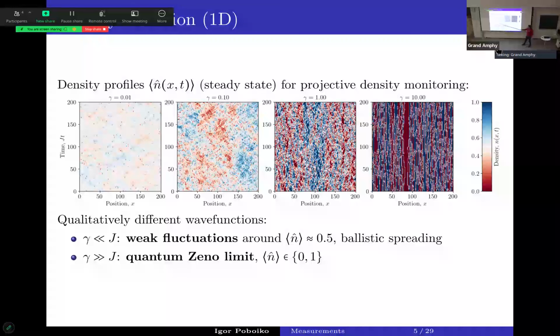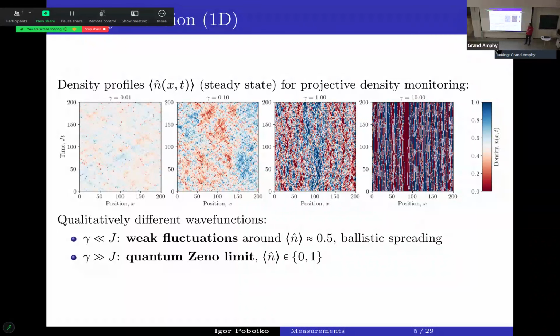Let's start from the rightmost or leftmost picture, this one. Here the color marks the density of your state as a function of time. And you see that on average, the picture is almost white, which means that density is around 1/2. It was the half-filling case. And then you see the bright blue or red spots corresponding to density equals 0 or 1. These spots precisely correspond to the measurements that projected this given site at either 0 or 1.